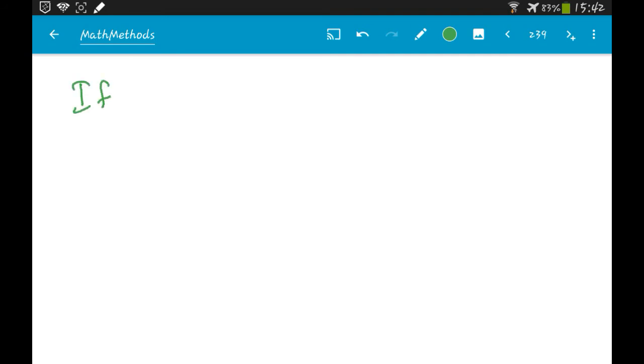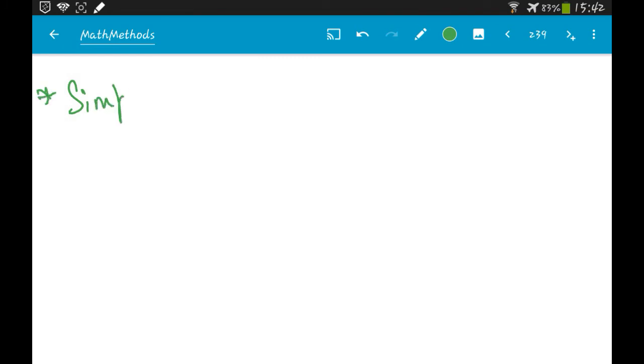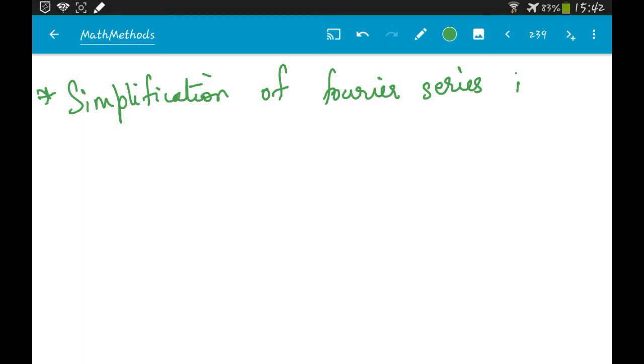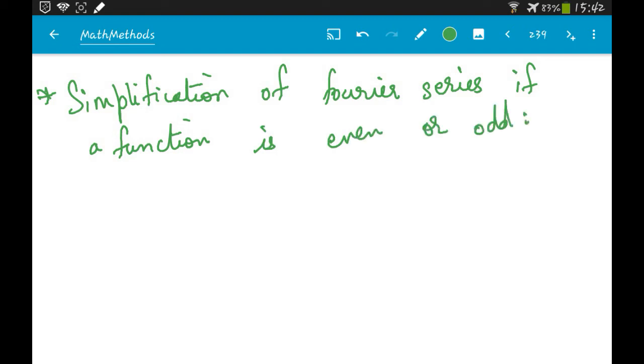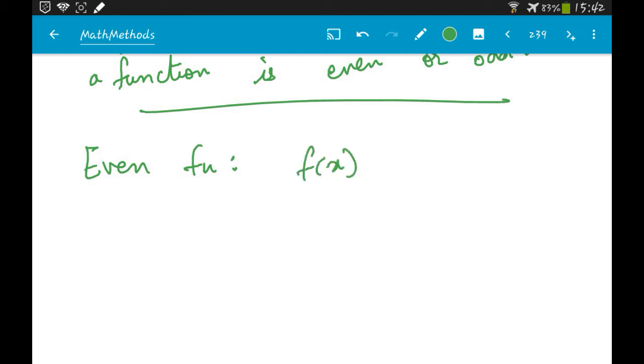Now let's look at if we can simplify the Fourier series if the function is even or odd. So when is a function even? An even function is when f of minus x is equal to f of x.